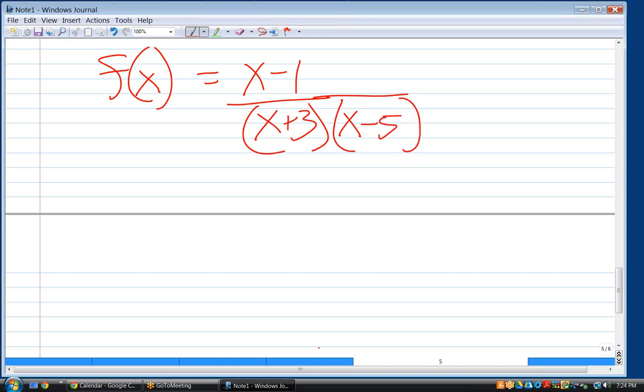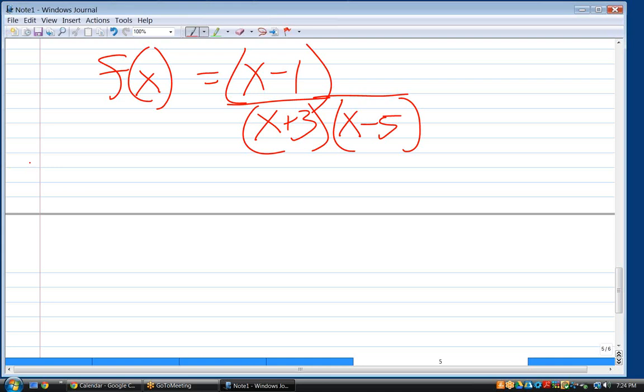And what are we supposed to do? Graph it? Find vertical and horizontal asymptotes? Domain, range, x-intercepts, y-intercepts? Not the domain and range, just x-intercept, y-intercept, flat, slant, horizontal, vertical.